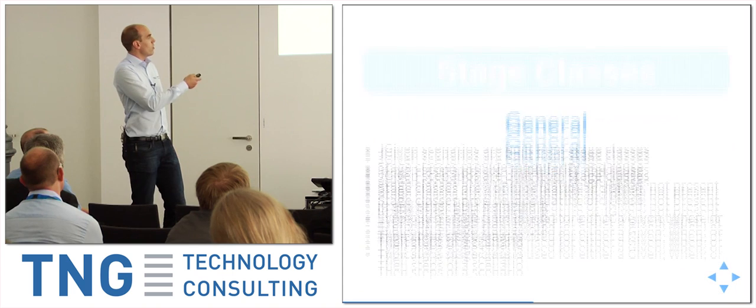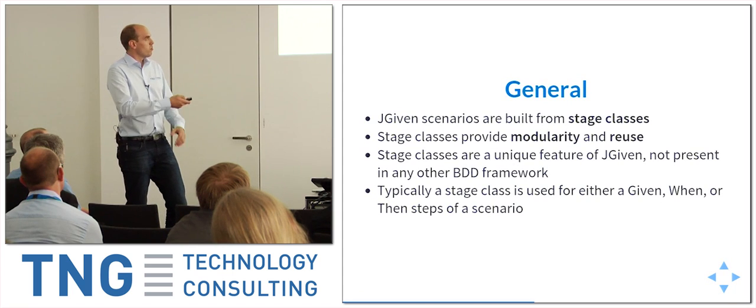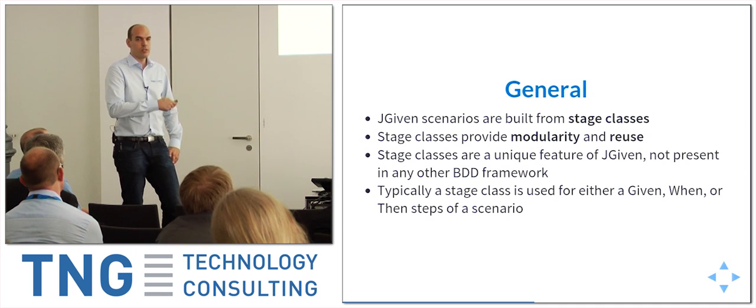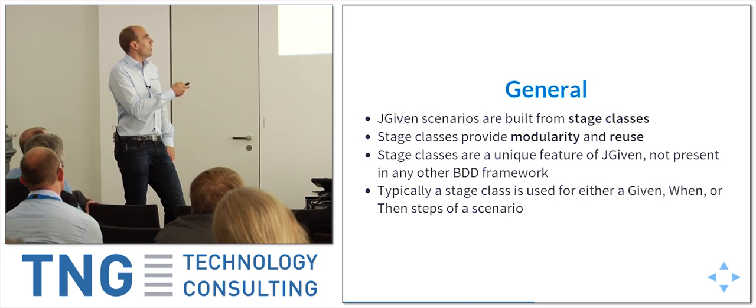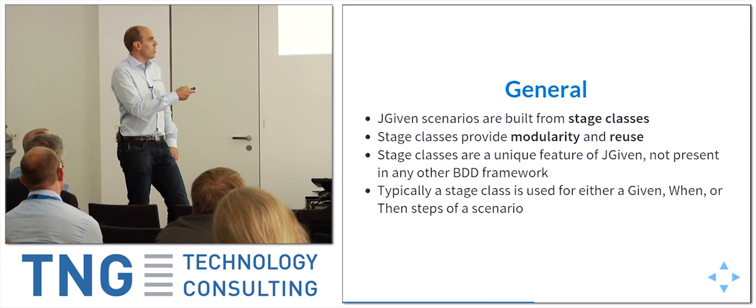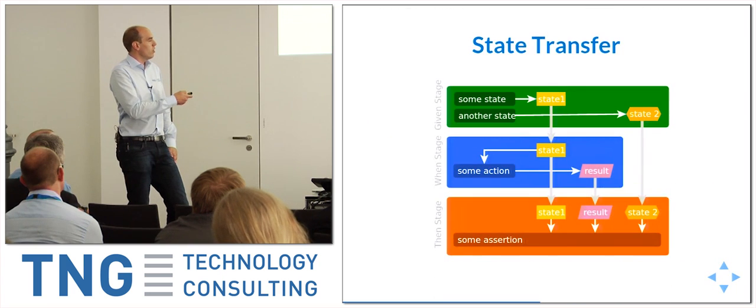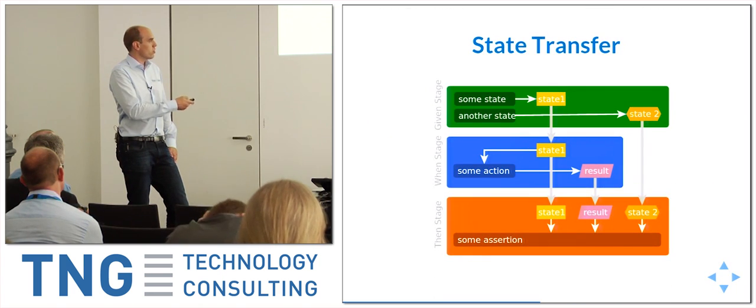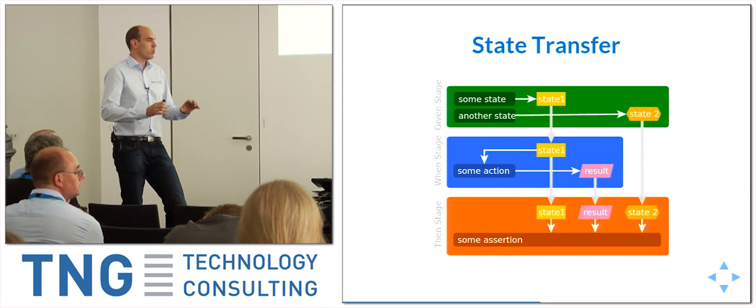And then you have some code which does some action, but typically this action requires some state from the previous steps. And the action typically then creates a result, and at the end, the assertion requires some information of the previous state. It requires also the resulting state to do this assertion.